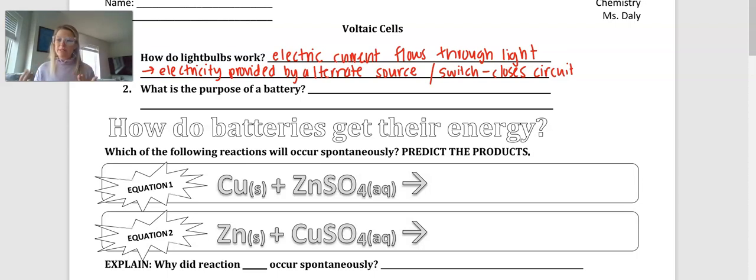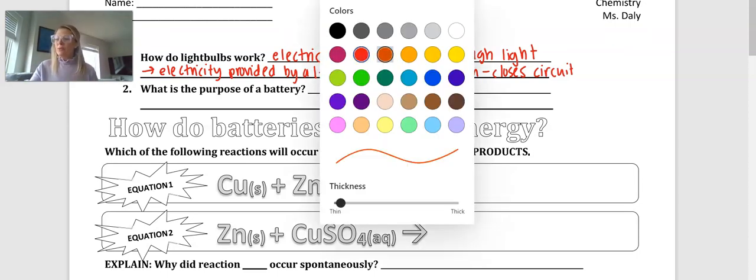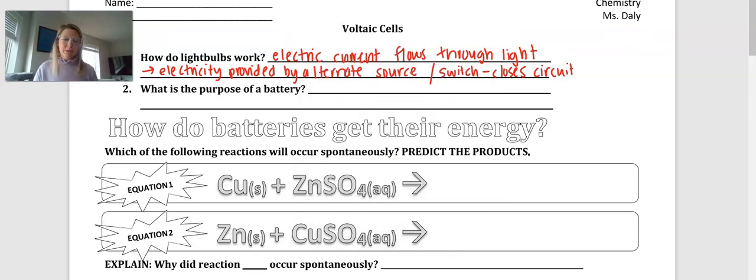So this leads me to, what is the purpose of a battery? Maybe you're shaking your head and thinking this is a really silly question, but I think it's a great question, because why do we want to use a battery? Well, a battery is going to provide electricity for our mobile appliances of sorts.